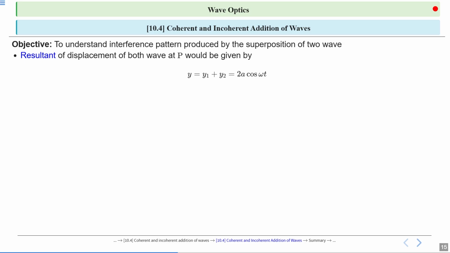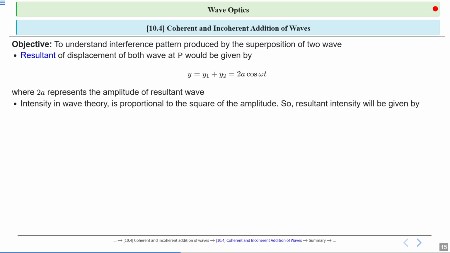So y equal to y1 plus y2. Why are we not taking the vector sum? Because they are along the y axis, so they can be directly added. If the direction of displacement were different, then we would apply vector algebra. So y1 plus y2, which is A cos omega t plus A cos omega t, equal to 2A cos omega t, where 2A represents the amplitude of the resultant wave.